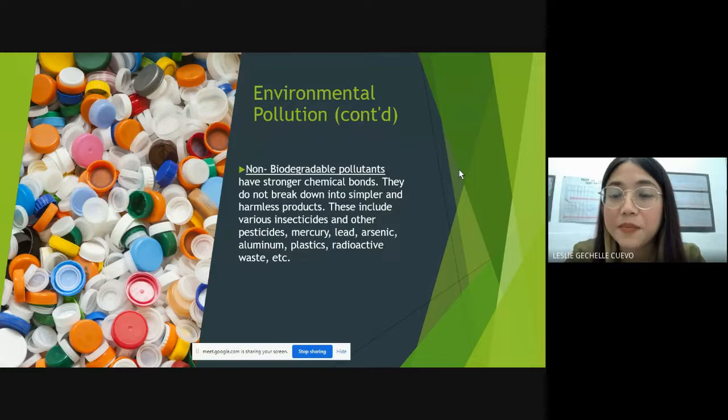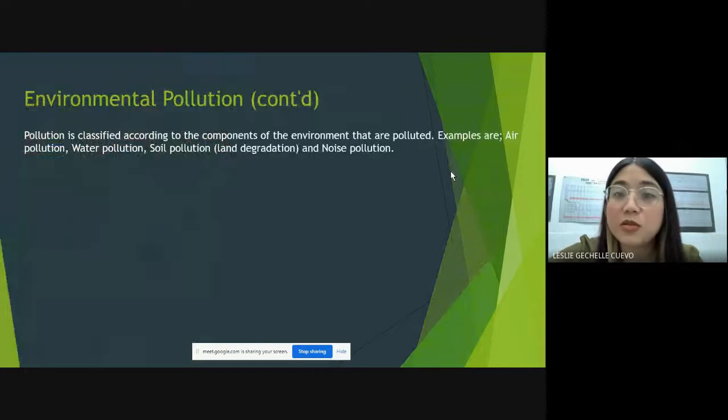Katulad ng various insecticides and other pesticides, mercury, lead, arsenic, aluminum, plastics, radioactive waste. Pollution is classified according to the components of the environment that are polluted. Examples are air pollution, water pollution, soil pollution, and noise pollution.